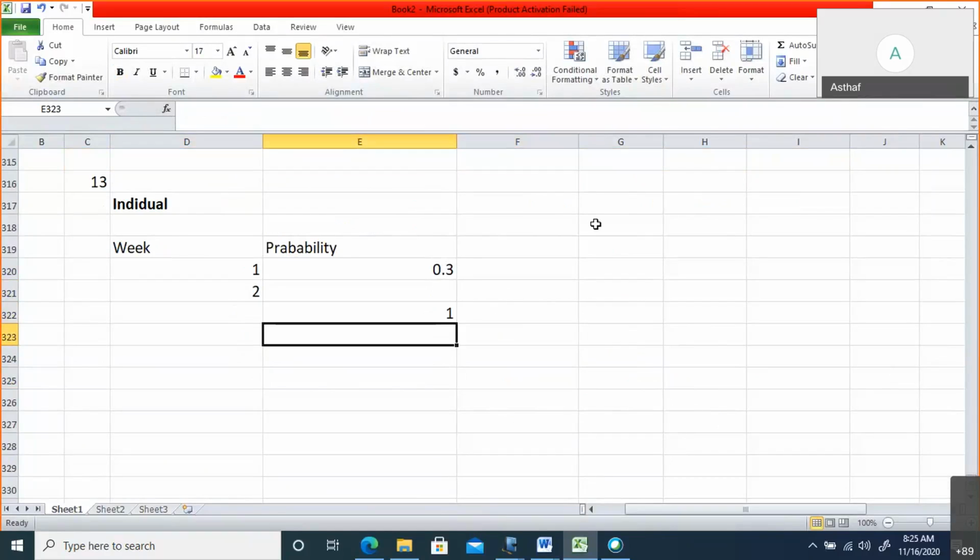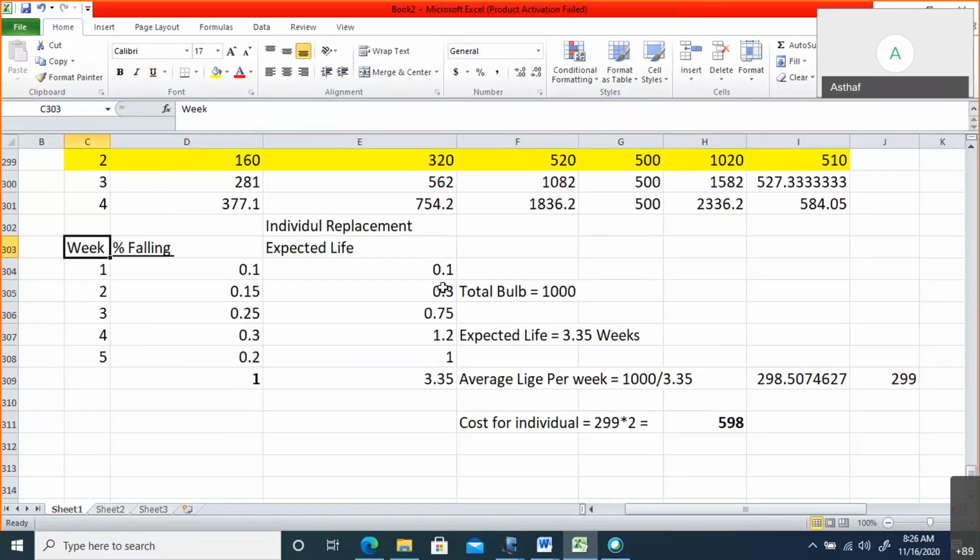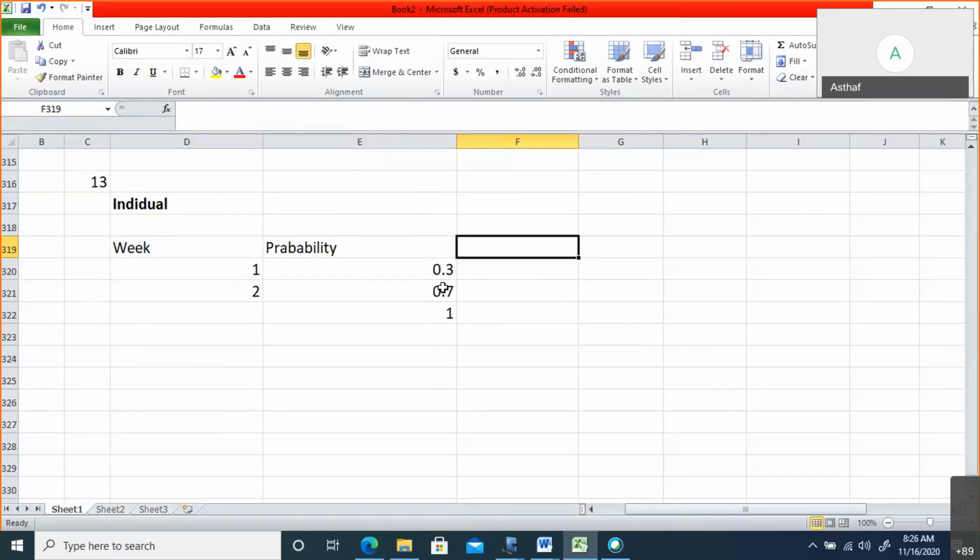So if the probability total is 1 and the first week is 0.3, what will week 2 be? It is 0.7. The total you should get is 1, so the balance will be 0.7. Now see how we do this question. Individual replacement, same format. First expected life.